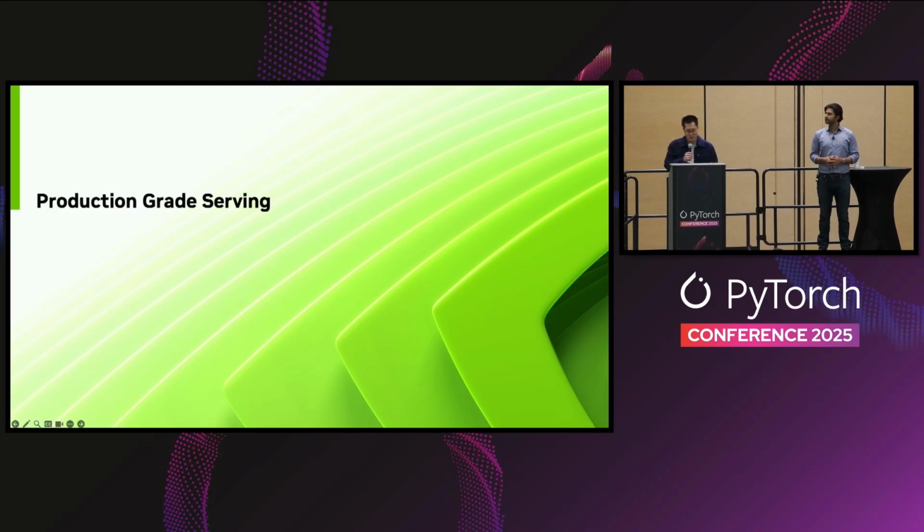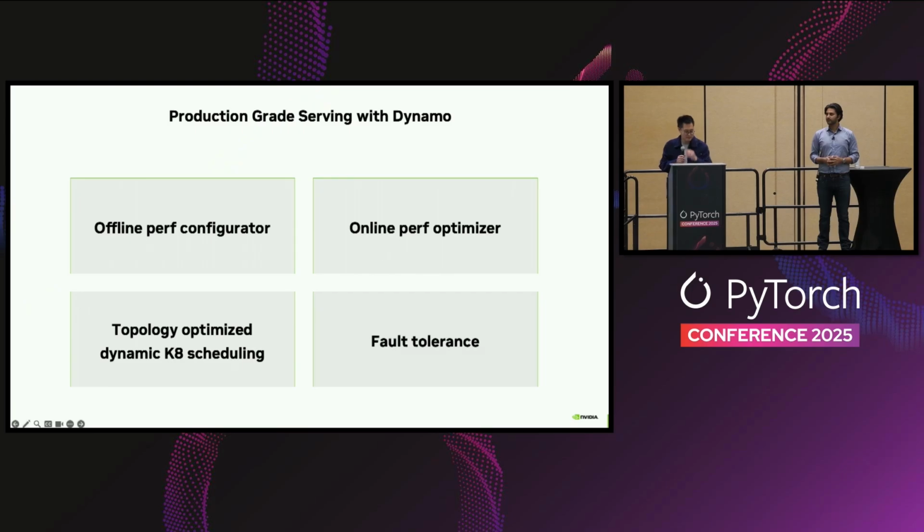Now we'll take a look at production-grade serving features from Dynamo. Beyond providing foundations for system-level optimization, we have a suite of features that can help to go from configuration to production. First, Dynamo provides developers an ability to find configurations for achieving the best performance with disaggregated serving.